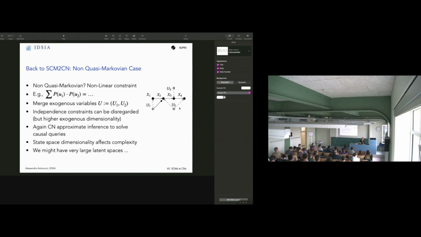So we extended this idea to the general setup. But if you have a confounder involving many variables, the dimensionality of this latent variable can become really huge. And so then we have a computational problem with the credal network algorithms. And that's why we tried to find some alternative inference.